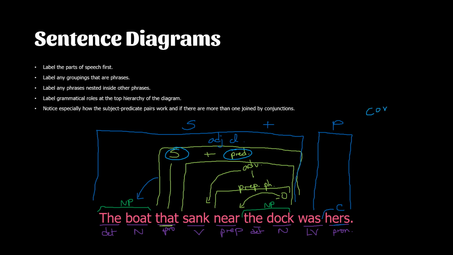So this is a complex sentence because one of the clauses is not equal in status to the main clause. I hope these diagrams have helped you, and I'd like you to try to write some simple ones, some compound ones, some complex ones, and draw diagrams.